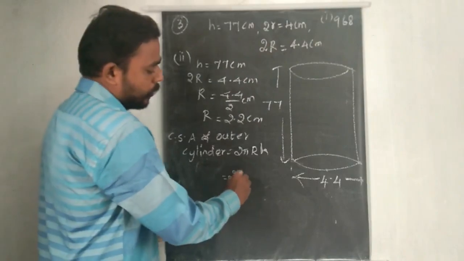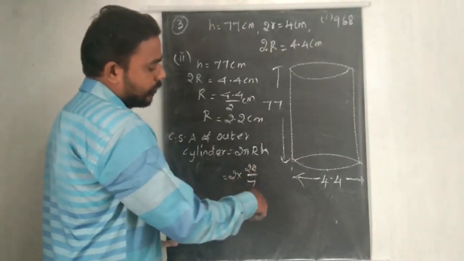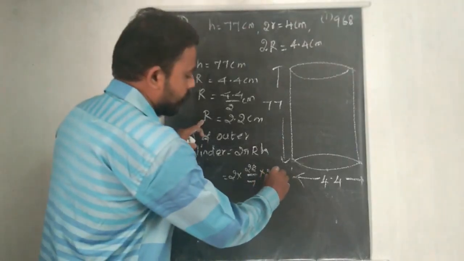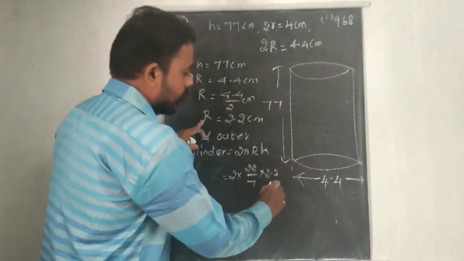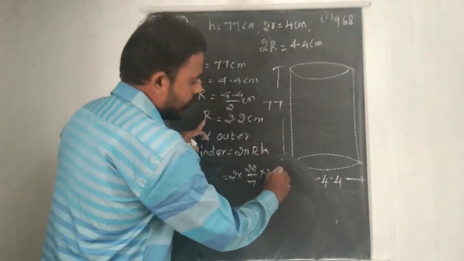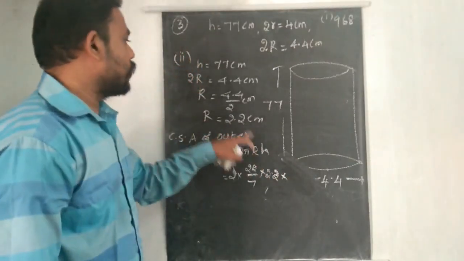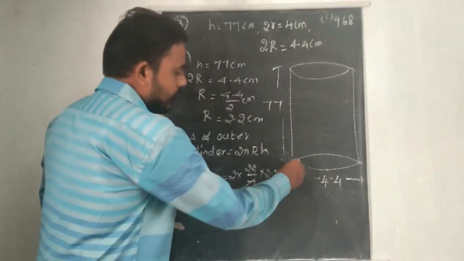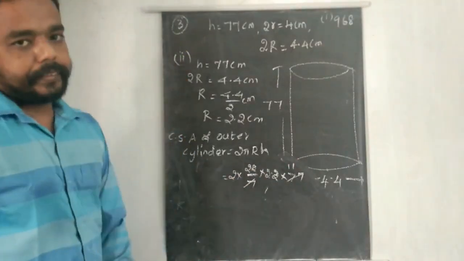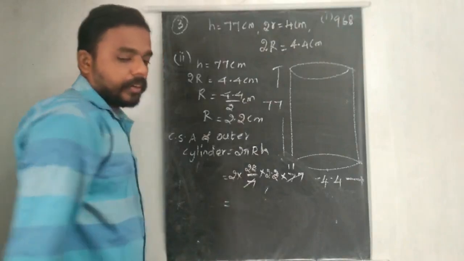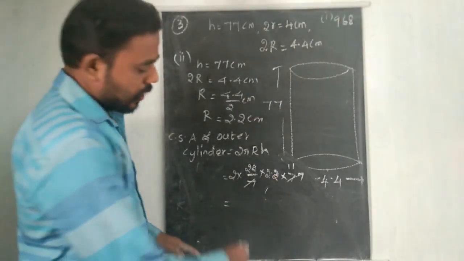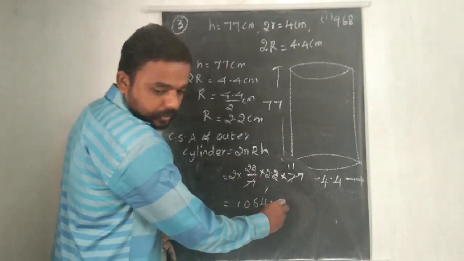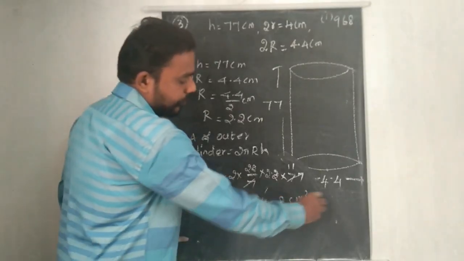So 2 into 22 divided by 7 into capital R value 2.2 into h value as it is 77. Just cancel this, find the product. I already found the product. So this answer is 1064.8 centimeter square.